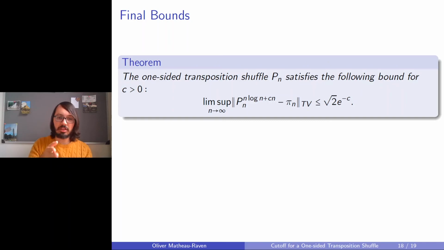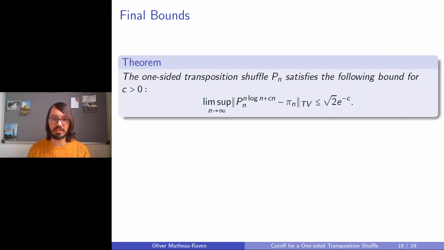So at time n log n and a few more steps, where a few more in this case is plus an extra constant c times n, we can find that the total variation distance to uniform is not only bounded in n, it is decaying in c, which means that as we do more and more steps, we're going to be tending to 0. So this is our upper bound complete.